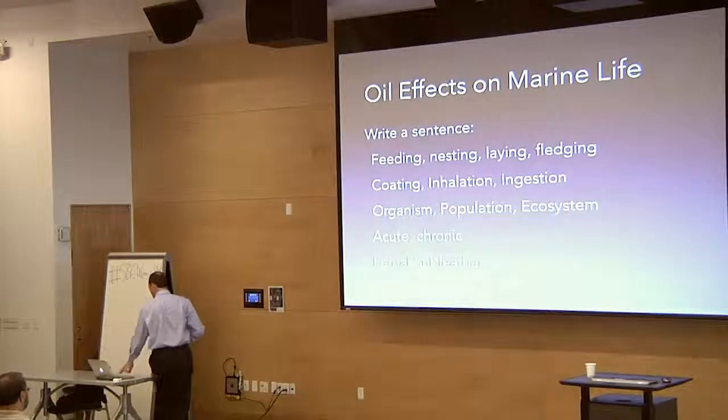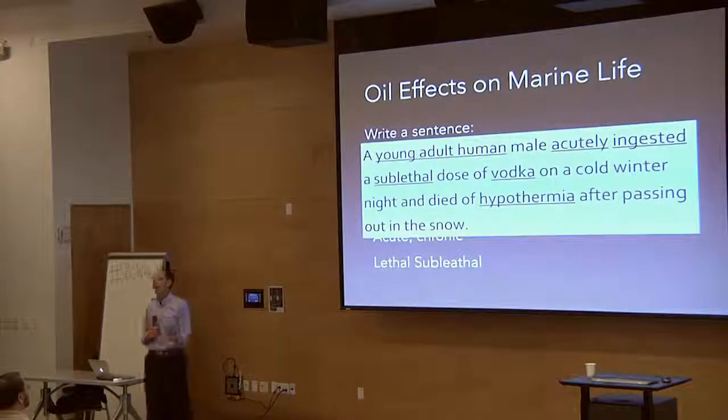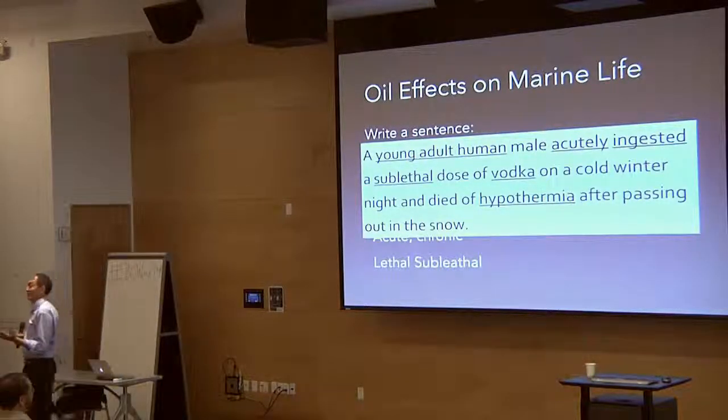And sometimes it helps to express those concepts in a way that students can relate to. So this is a sentence. This was my sentence. You can see that in this case, it was a sublethal dose of the toxicant that led to death of the organism, which happens.